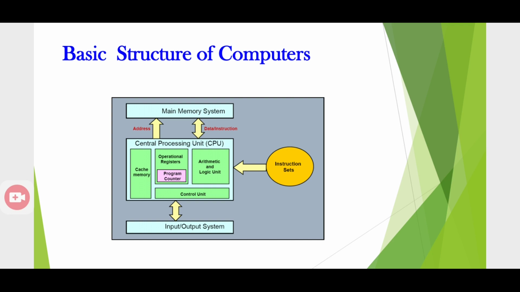So a CPU contains the ALU and control unit, that is, the arithmetic and logic unit and the control unit, along with some operational registers. Some registers and cache memory are there. Within that, you can see a program counter. It's a special type of register.